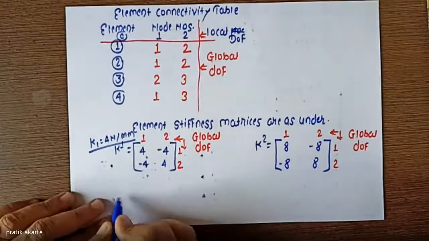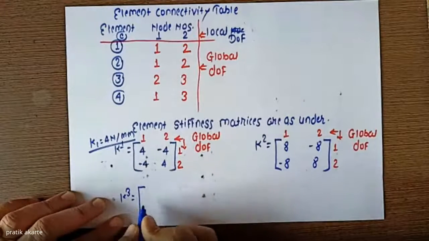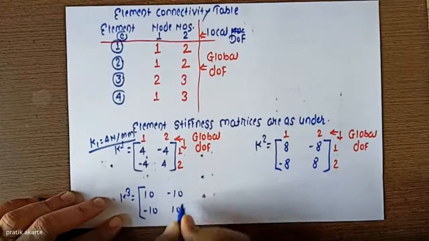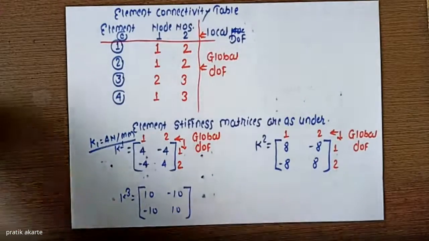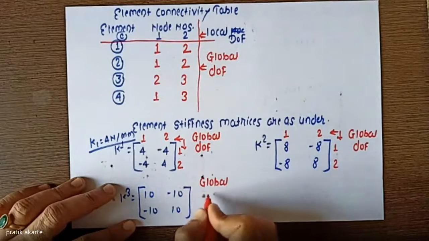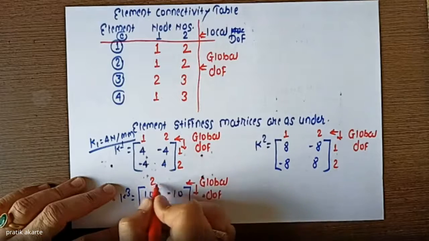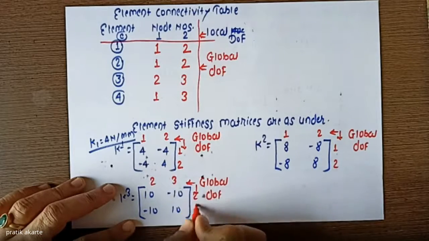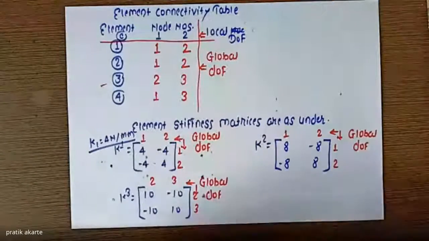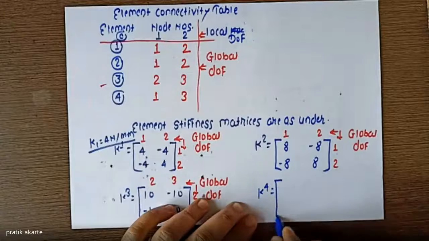Similarly, for K3, I'll write it as 10, minus 10, minus 10, 10, and the global degrees of freedom, now look, are 2, 3 and 2, 3 for element number 3. For element number 4, the stiffness is given as 20.